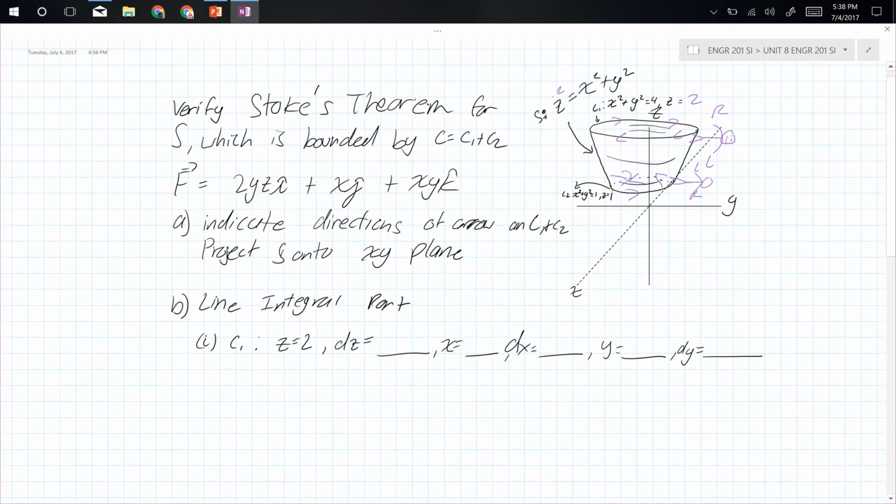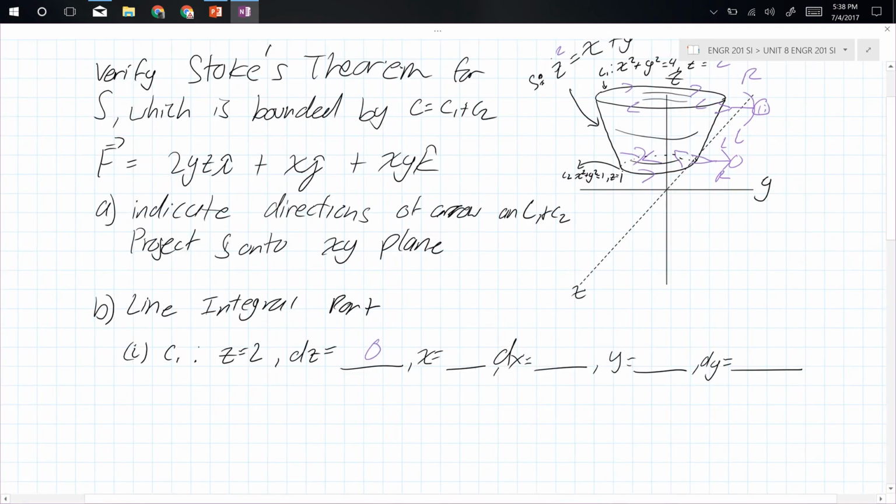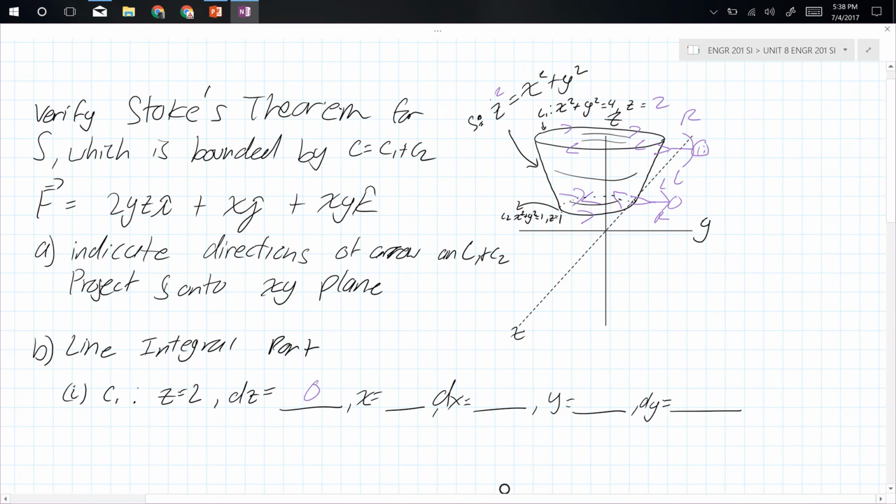We're just going to start with C1. C1 is x squared plus y squared equal to 4 when z equals 2, so dz would equal 0. They prompt you to do this in polar, by the way, so in terms of theta. So x would equal r cosine theta, where r in this case would be 2, since we have x squared plus y squared equal to 4.